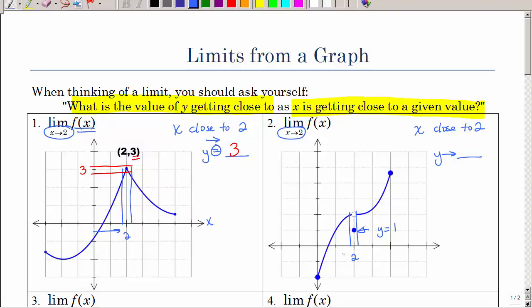But when x was like 1.9 or 2.1, what was the y value getting close to? It was getting to the value of 2. So this dot is kind of a jump. It was a hole in the graph, but y was getting closer to the value of 2 all along until that hole kind of jumped in.